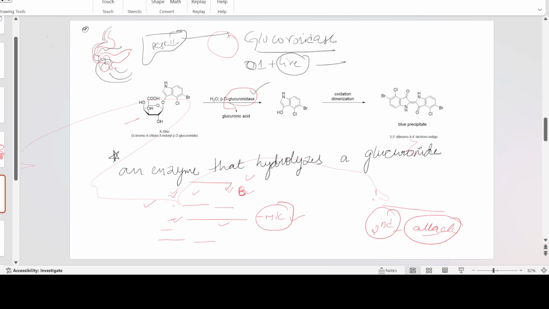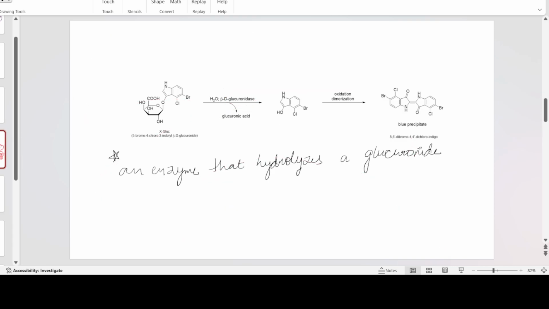I need you to understand the function of this glucuronidase. It is an enzyme that hydrolyzes the glucuronide. So the glucuronide has gone out, and only the rest of the structure is left.